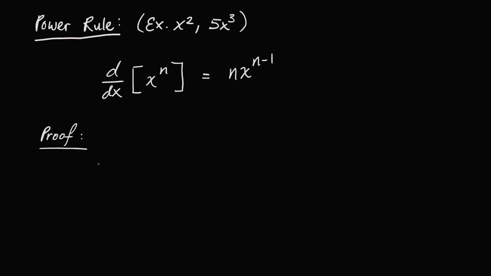We have this rule, and x to the n power is basically just the variable that we have. So let's say f of x is equal to x to the nth power.